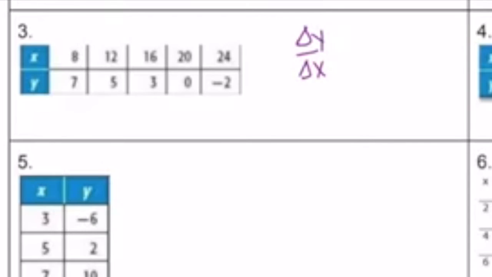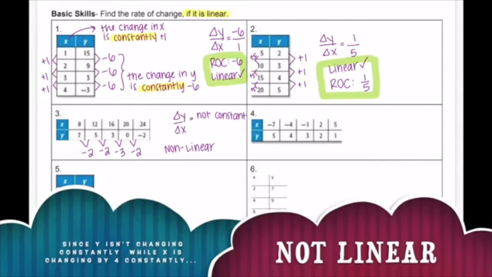To do the change in y, we're looking at the bottom row. 7 to 5 is minus 2. 5 to 3 is minus 2. 3 to 0 is minus 3. And from 0 to negative 2 is down 2. Notice that this one is not changing constantly. Since this isn't changing constantly, it's not a linear function.